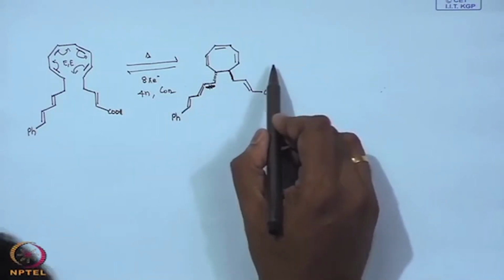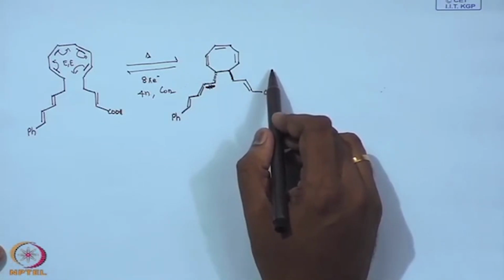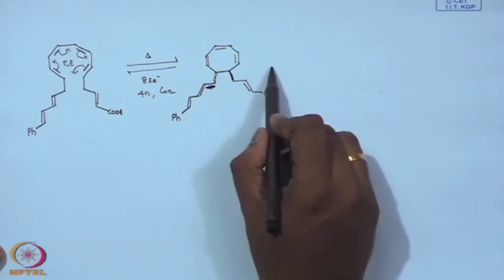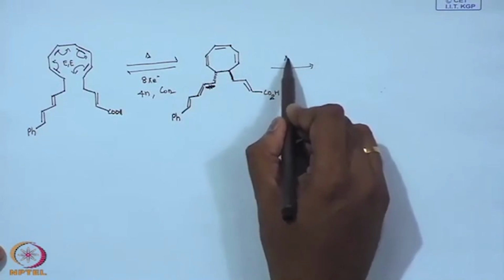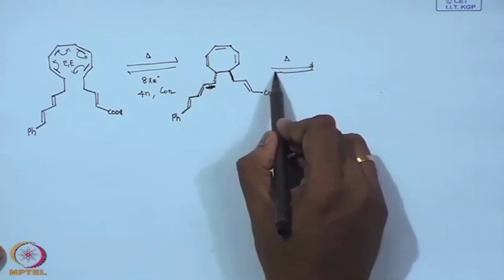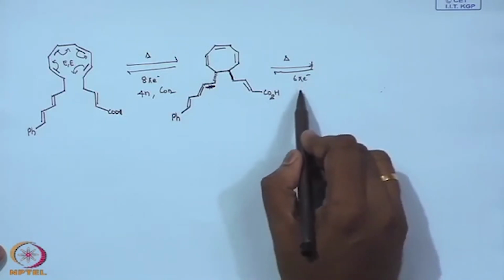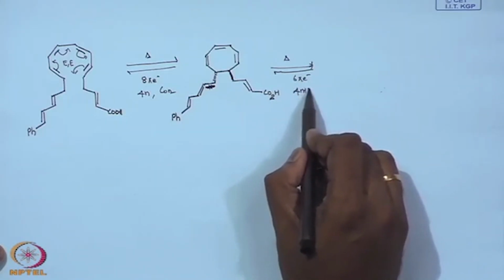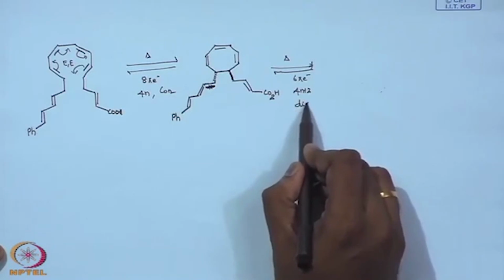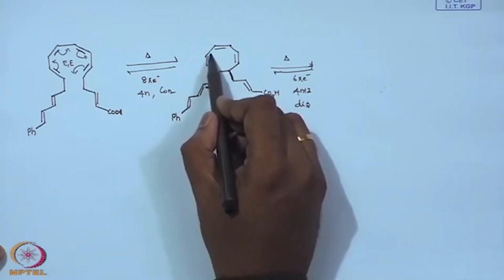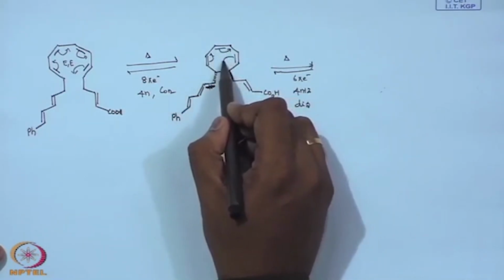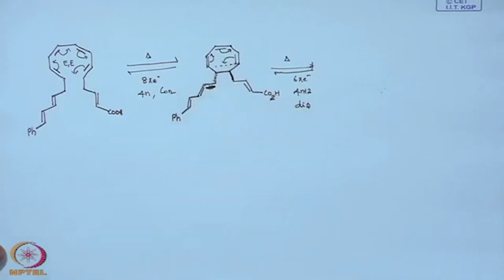Now, again I am saying what we can do. You guys know that, yeah. Again, if I heat it, it is a 6 pi electron system. So, I can do 4n plus 2 and this is disrotatory. So, nothing but I get a system like this.